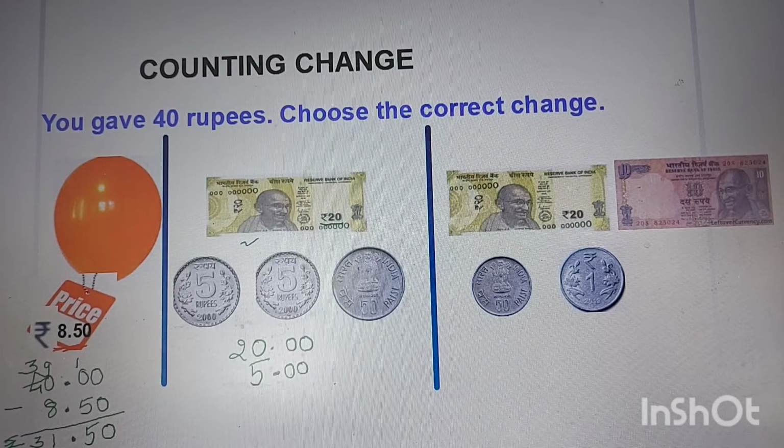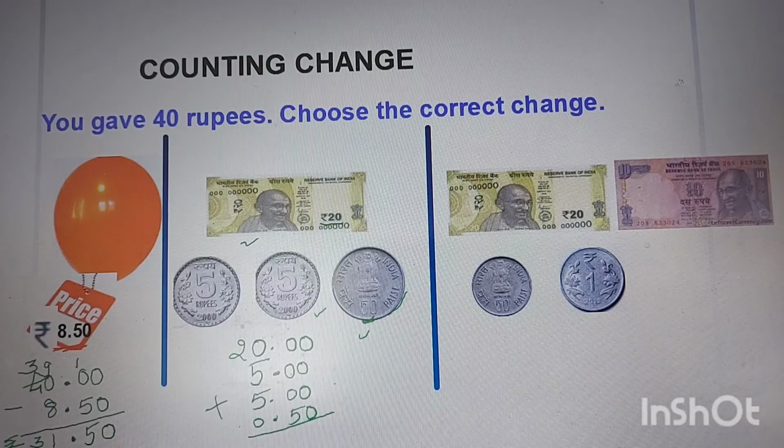The second coin is also for 5 rupee. Again I can write it as 5.00. The third coin, you can see this is the amount 50 and this is the paise given. Paise you need to write after decimal point. So this is 50 and now this will be 0, right?